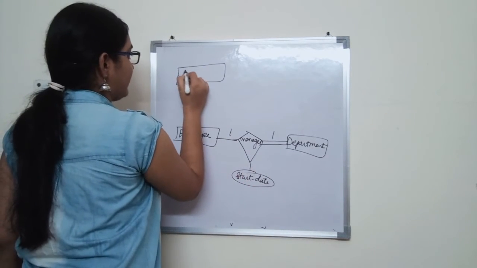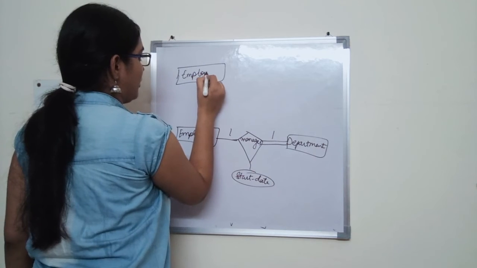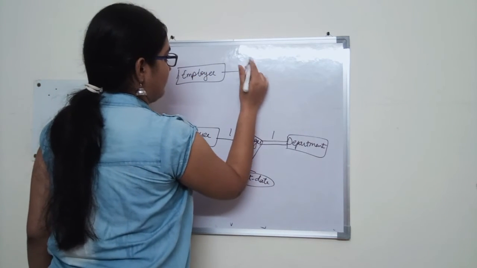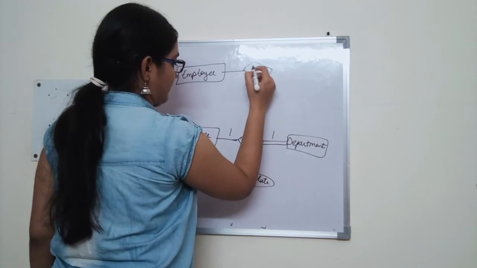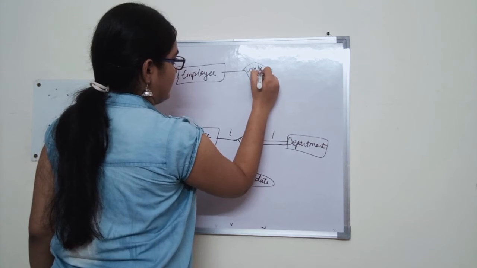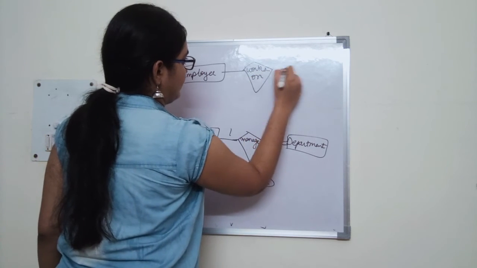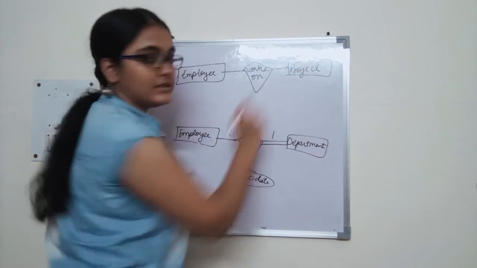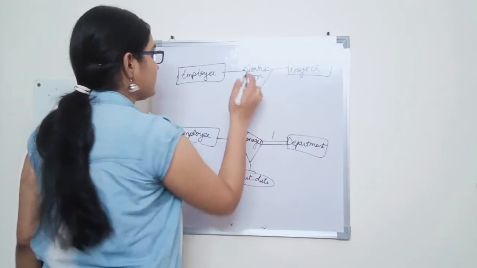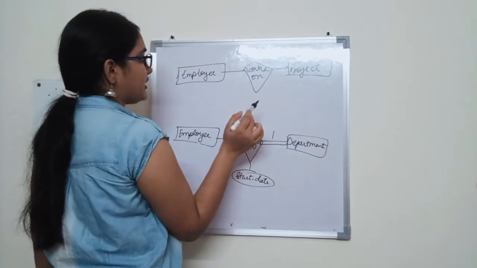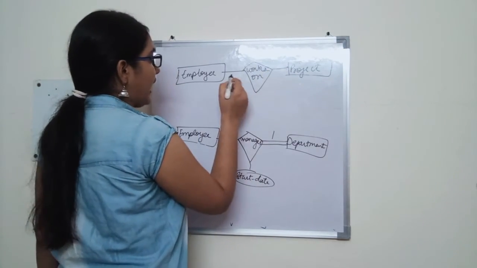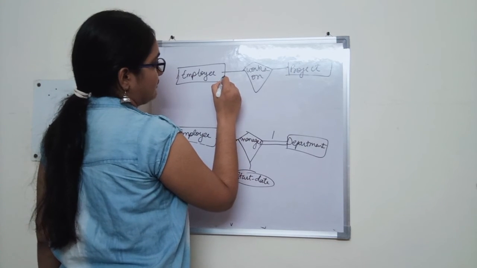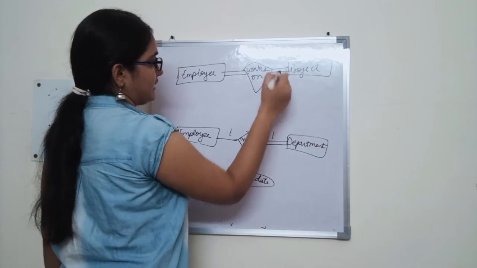What was the example of m:n relationship type? Employee works on project. Is it visible? Yes. Employee works on project, and I think it was total participation both sides.